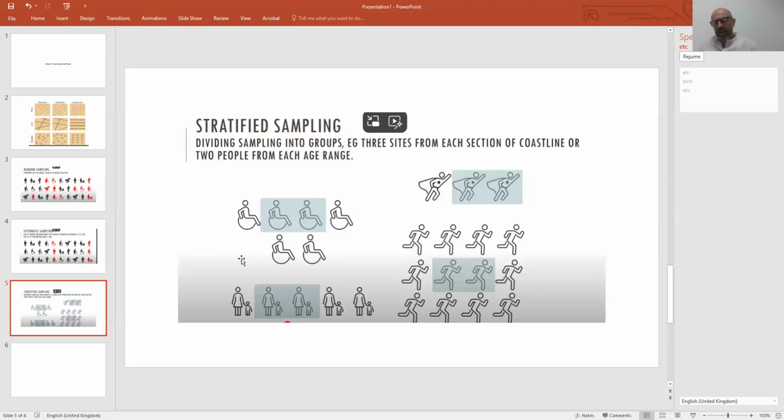If you want to do stratified sampling, you could say in your questionnaire or survey that you ask 20 women, 20 men, and 20 young people. Or you could ask young people, middle-aged people, old people at distinct set numbers. So you're getting a very stratified sample, with all the representative groups.